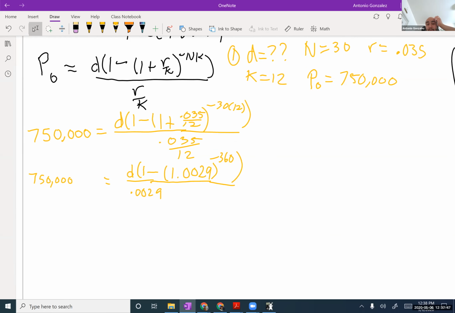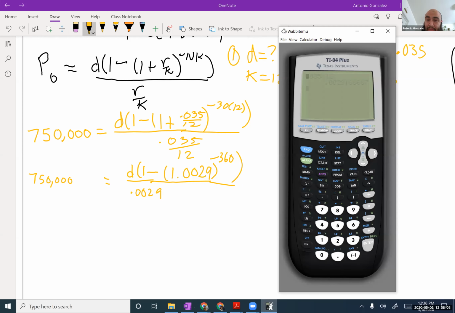As the next step, let me evaluate what's inside the outer parentheses, 1 minus 1.0029 to the negative 360. So I'll bring out my calculator and we'll do 1 minus 1.0029 raised to the negative 360, and then I'll hit enter.